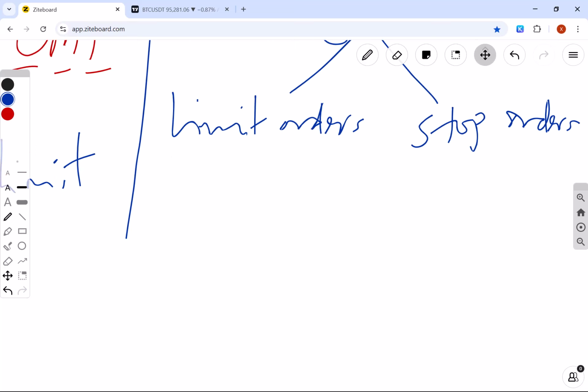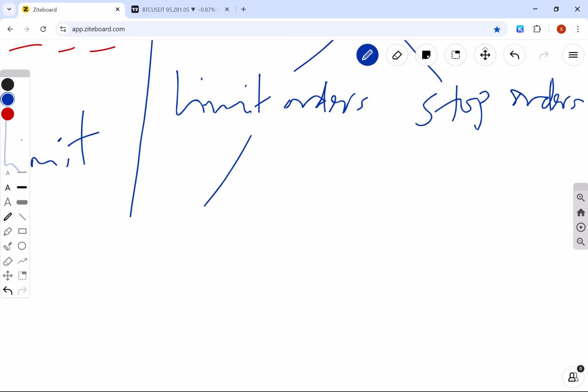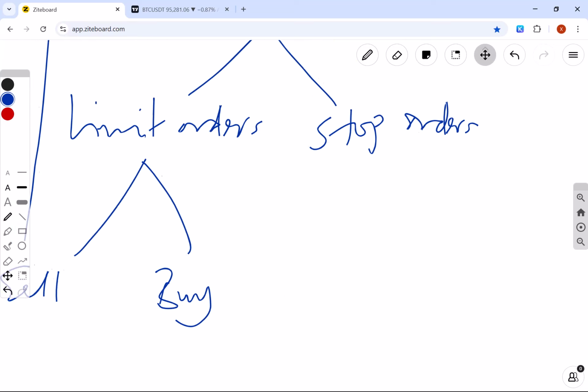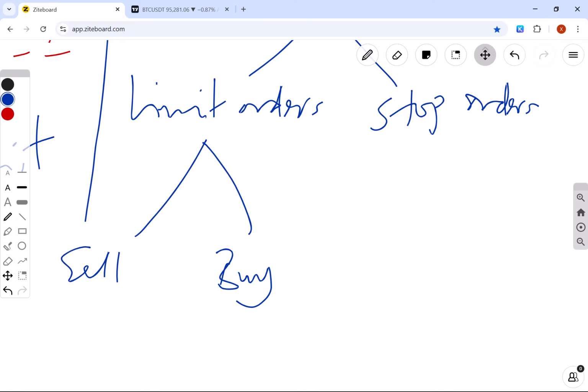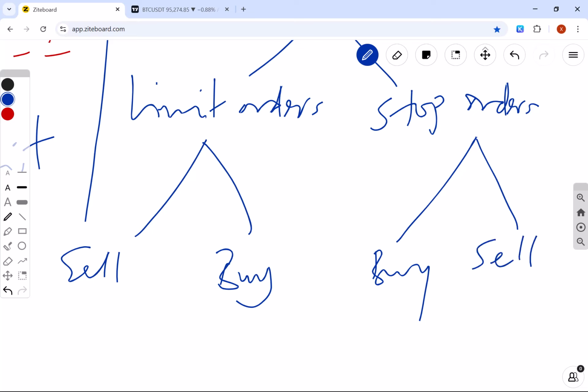Under the limit orders we have the sell limit and the buy limit. Under the stop orders we have the buy stop order and the sell stop order.